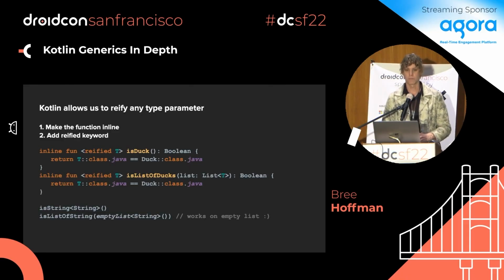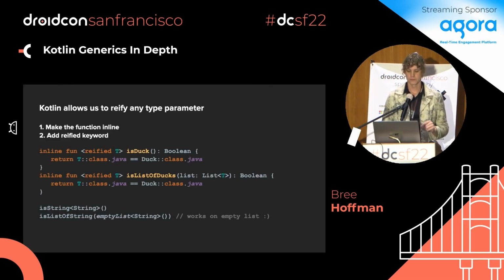If you're not super familiar with inline functions, just know that, as I mentioned, it takes that piece of code and inlines it in the bytecode over and over at each call site. So it creates a copy of the implementation at the call site. And what this does, as far as reification goes, is it allows us to reify those generic types because when it copies the code, it's going to include the type in the bytecode.